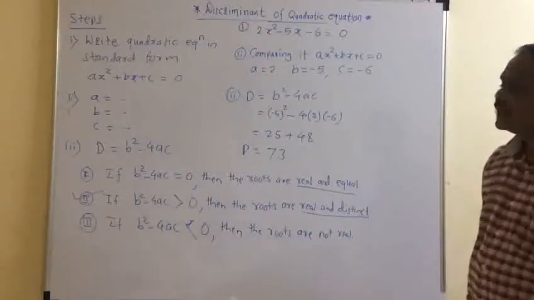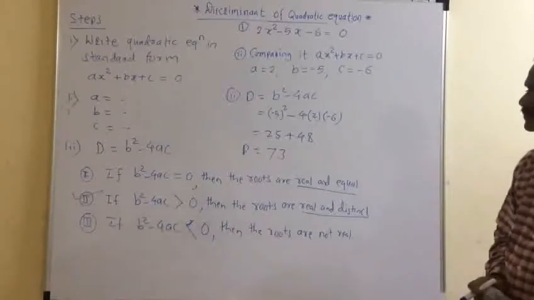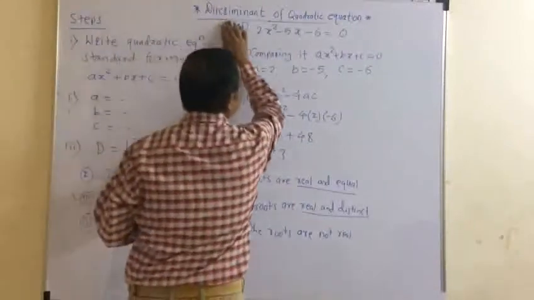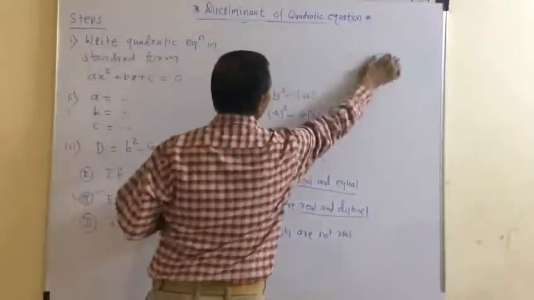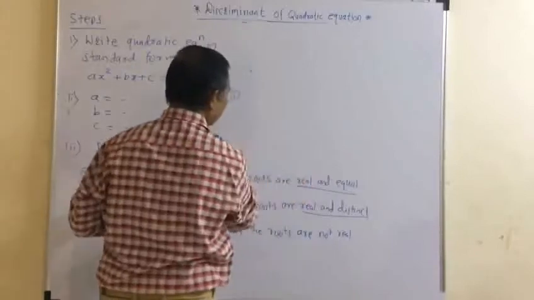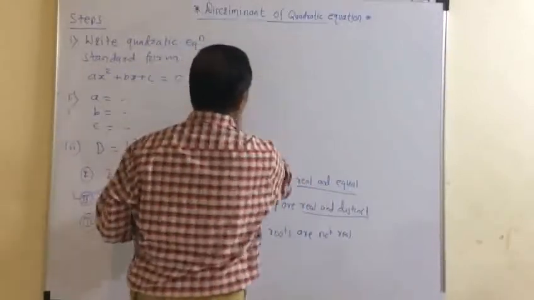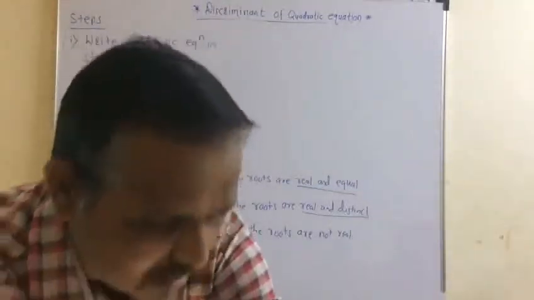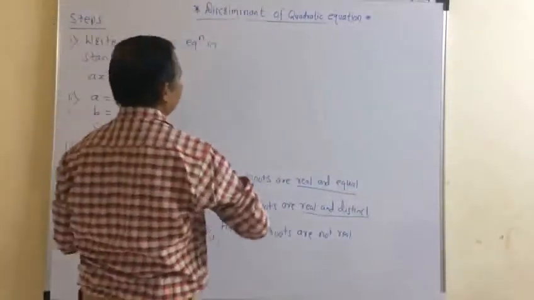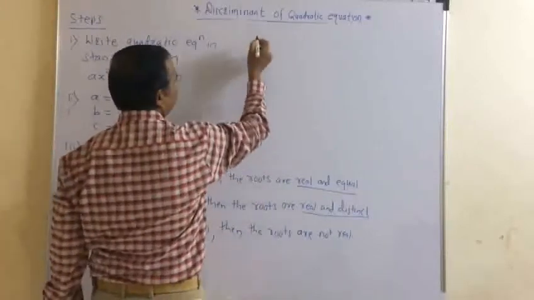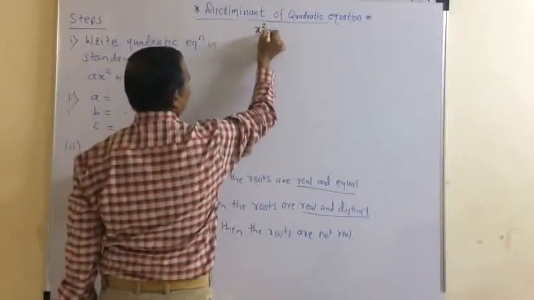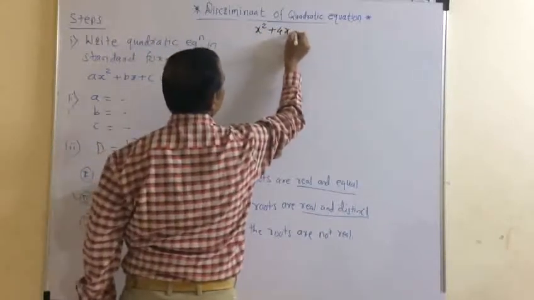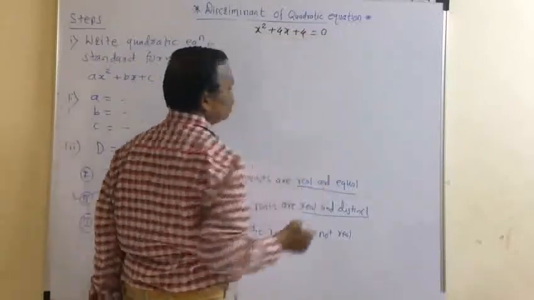For more, we take another example: suppose we have the quadratic equation x square plus 4x plus 4 is equal to 0.